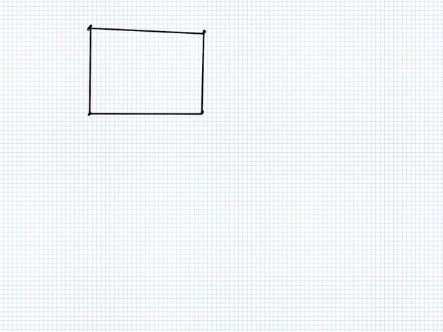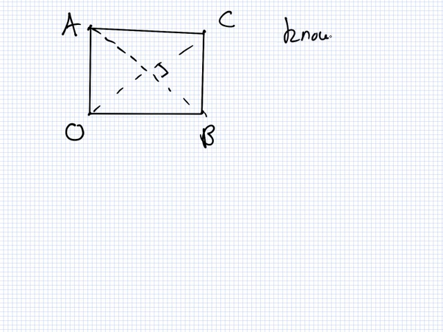Okay, so we'll have to give them some points. Let's just call this O, A, B, C. Now we're trying to prove if these are perpendicular, then it must be a square. So if it's known that they're perpendicular, what is that statement as a vector?